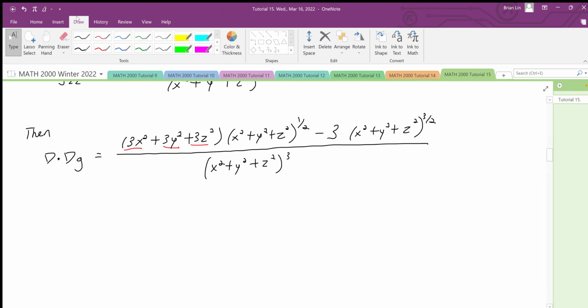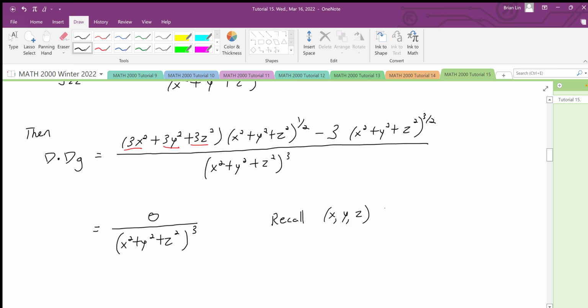So if I take this big expression and simplify, in the numerator I just get 0. And in the denominator, I get this. And we recall the domain of g does not include 0, so the denominator is okay.